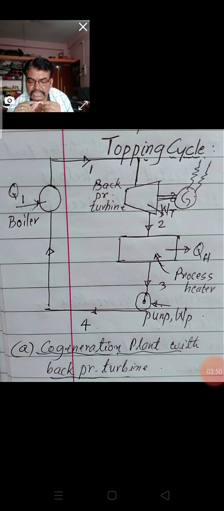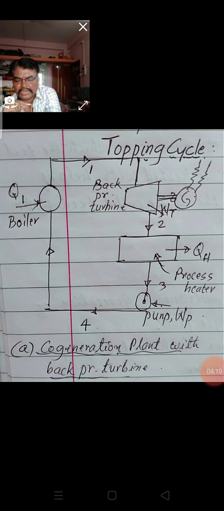Figure A shows the flow diagram of this type, which consists of a boiler, a back pressure turbine connected to the generator, a process heater, and then a pump. These are the four main equipments in the topping cycle.